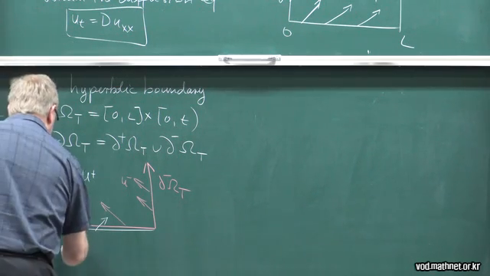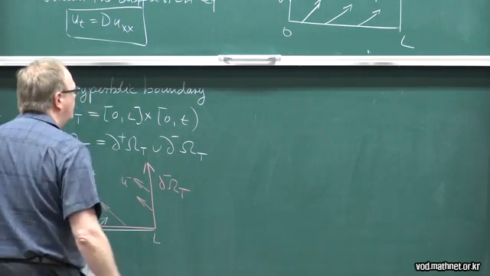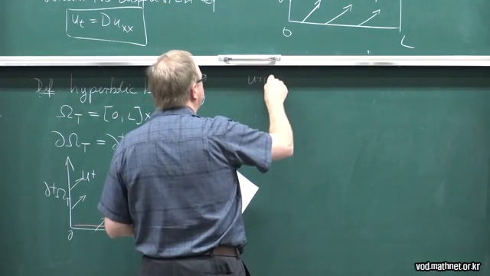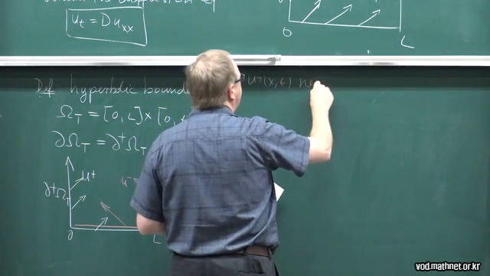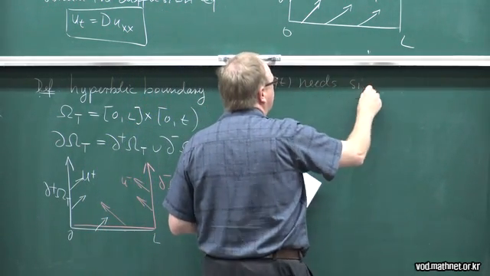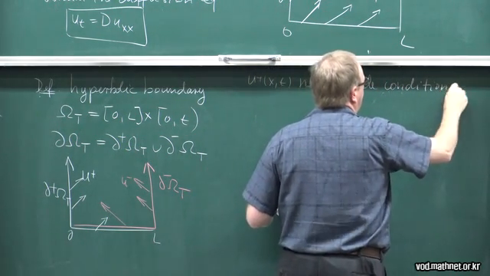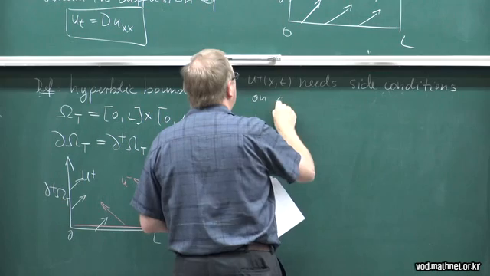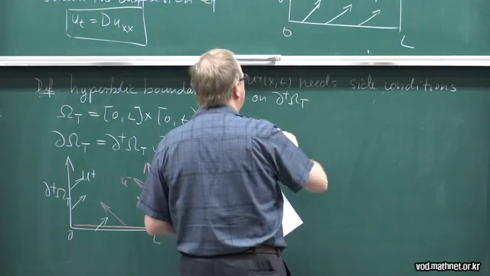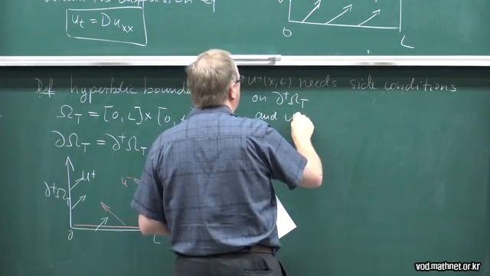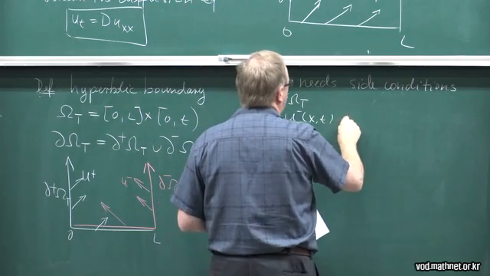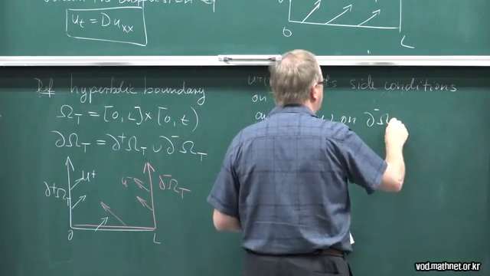This is 0 to L. Meaning u plus of (x,t) needs side conditions on delta plus Omega_T, and u minus on delta minus Omega_T.